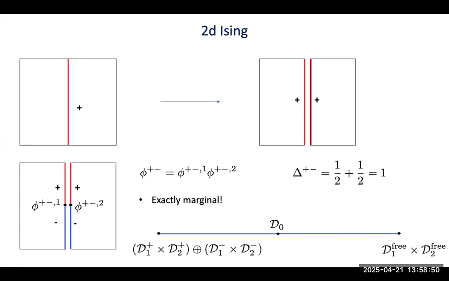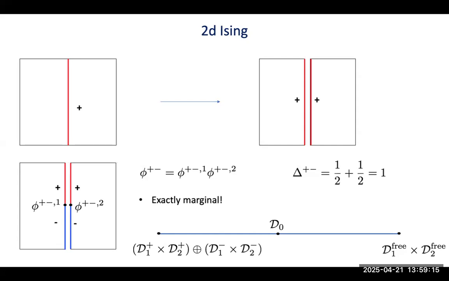And in fact, if you tune the coefficient of this domain wall operator, it generates a line of fixed points, where on one end you have this fixed boundary condition. On the other end, you have a product of free boundary conditions on both the left and the right. And in the middle, there is a transparent line defect. So this is the story about 2D.